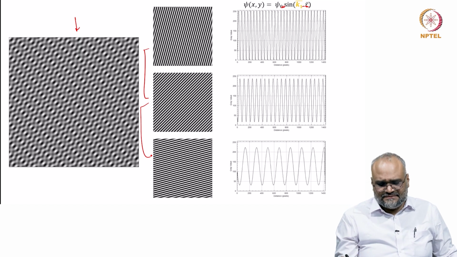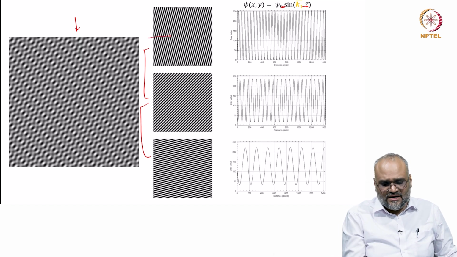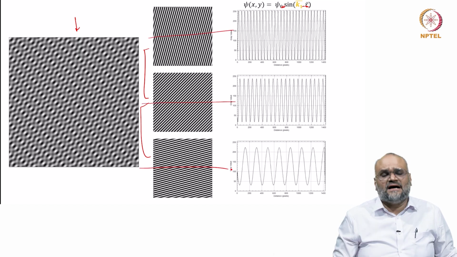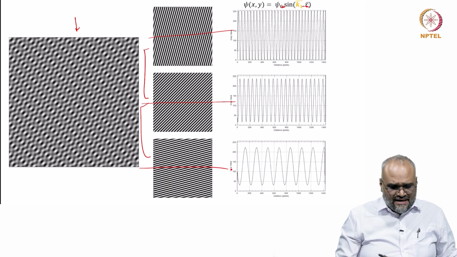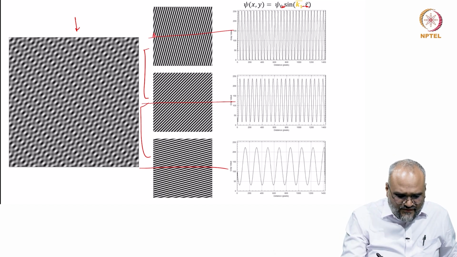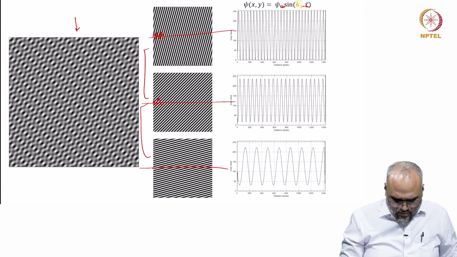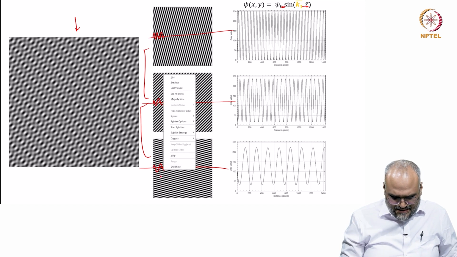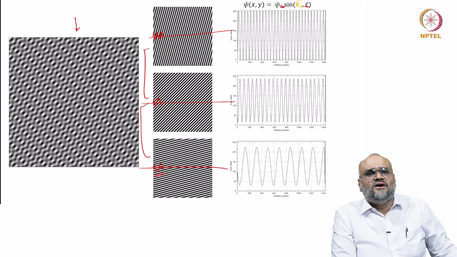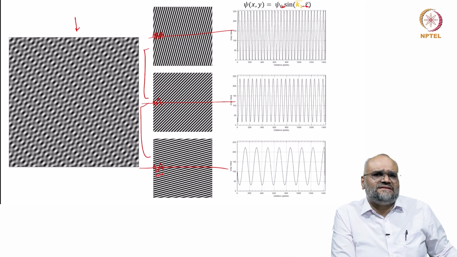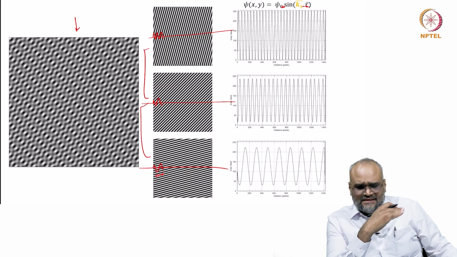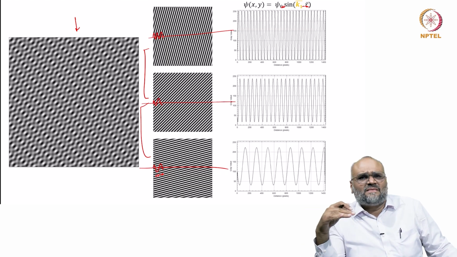So as you can see, if I take a horizontal cross section across these 3, my phase information is actually changing, which is proportional to what I see here, and the width of these, or the frequency of these, is changing when I look at the histogram on the x-axis.